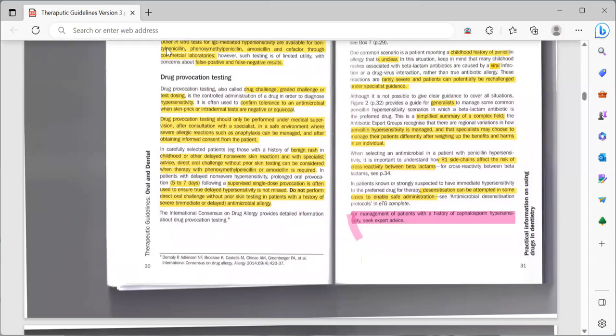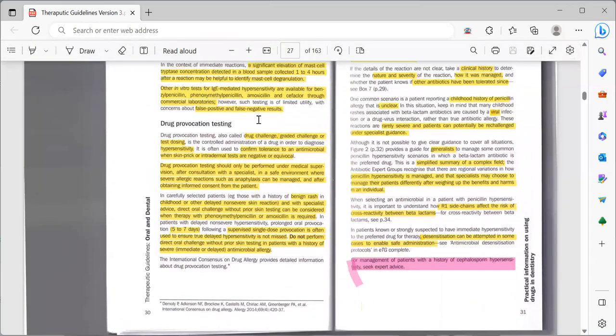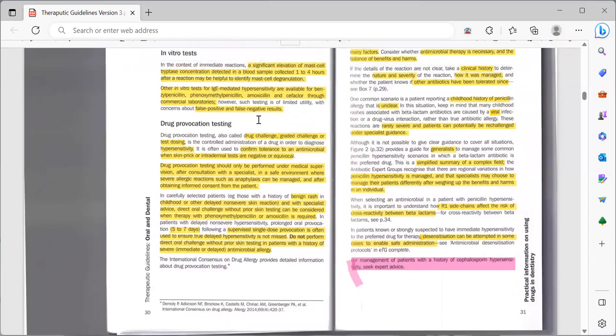So we will read in detail in the next pages, but I'm just letting you know, if the patient is allergic to penicillin, we can prescribe clindamycin to him. It is a safe drug, we can prescribe it and it will act normally.